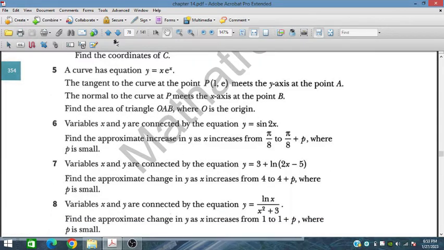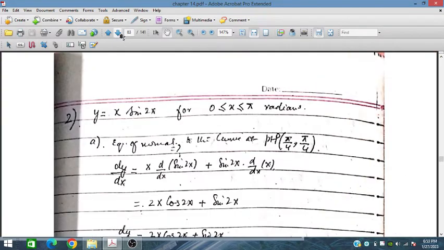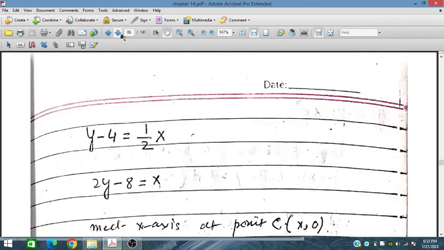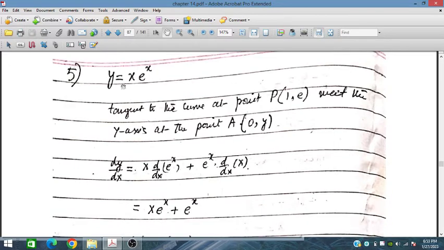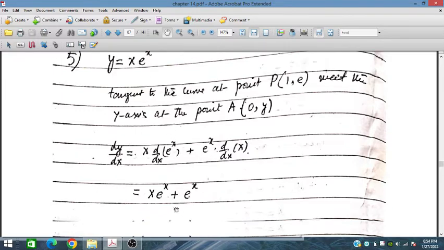So let's solve question number 5. Here we have y is equal to x e power x, and the tangent to the curve meets the y-axis at point A. So take the gradient: dy upon dx, using the product rule with u and v, and we have obtained dy by dx.